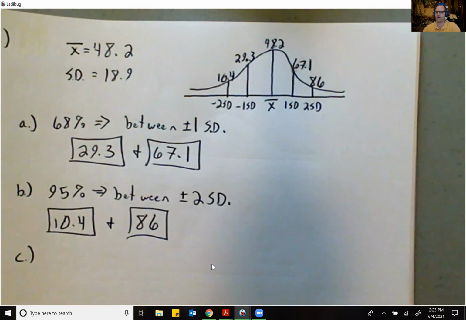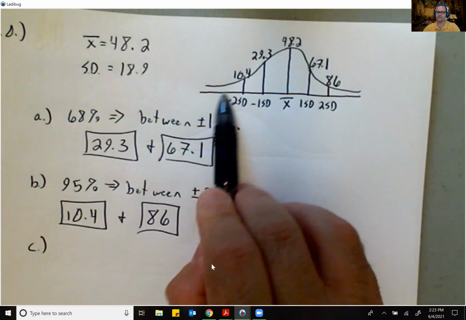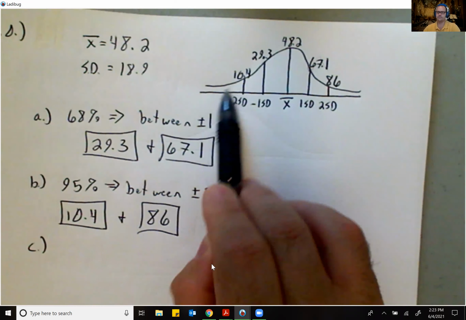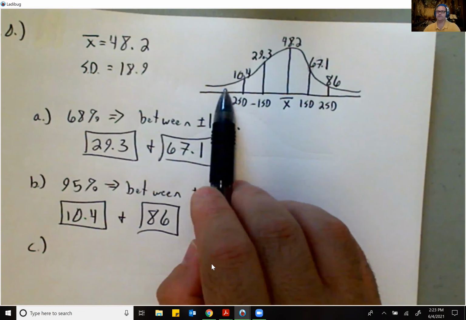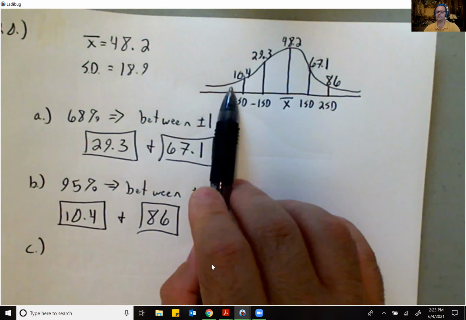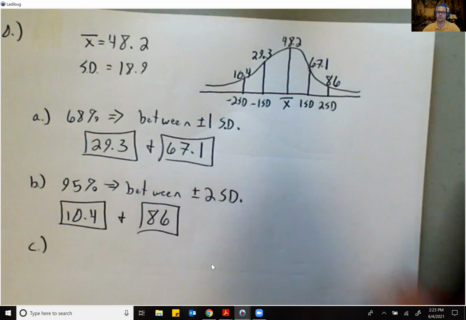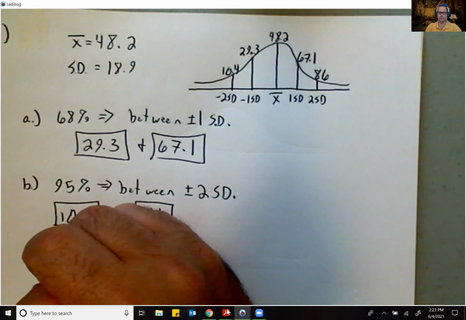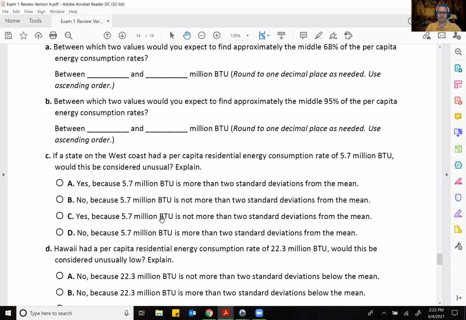That would fall right over here somewhere. Why is that unusual then, if you say that? Because it's more than 2 standard deviations from the mean. That's right. Unusual data points occur when you are more than 2 standard deviations away from the mean. So that is unusual. So 5.7 is definitely outside that.